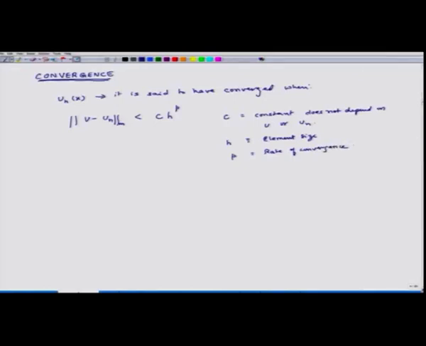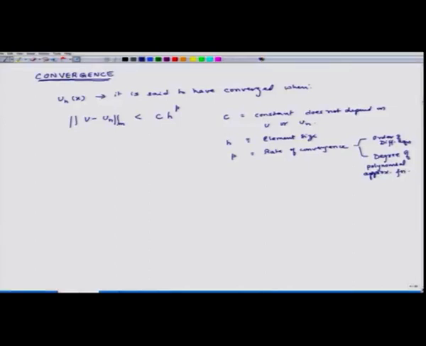It depends on two things: the order of the differential equation, and the degree of the polynomial approximation function.